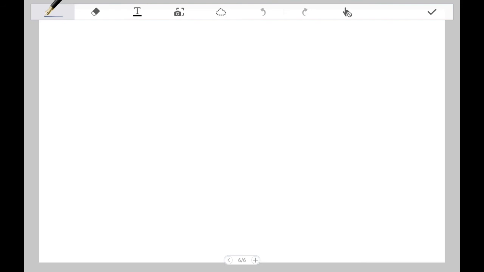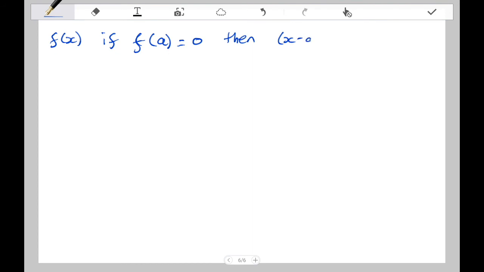What is the factor theorem? Okay, well the factor theorem says basically this. If we have some polynomial f of x, if f of, say, a is equal to 0, then x minus a is a factor of f of x.